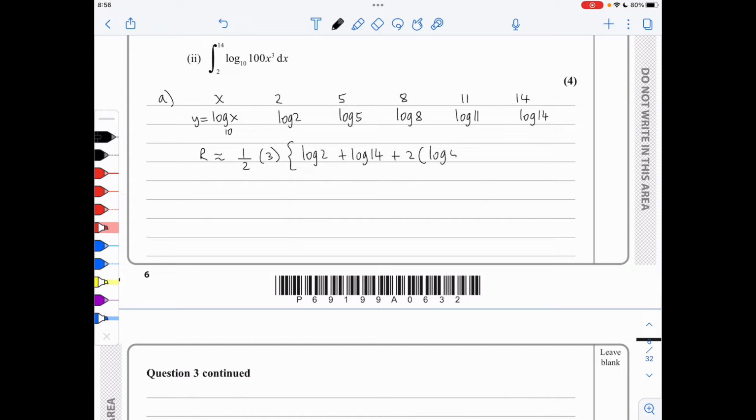So 2 times log 5 plus log 8 plus log 11, close the brackets. This gives an answer of 10.101095... which rounds to 10.10 to 2 dps as required.